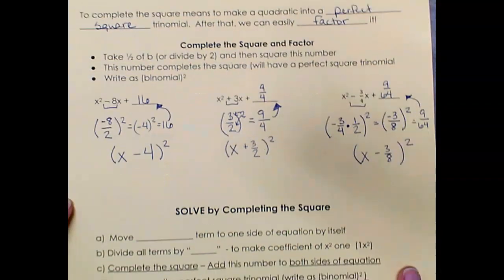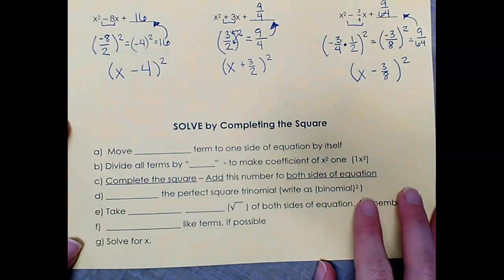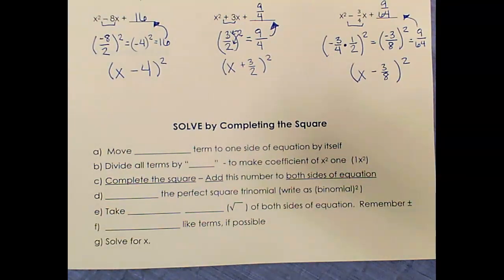So let's move on and talk about how you can solve by using this completing the square method. So when you're given a polynomial, maybe you're given ax squared plus bx plus something equals something. Maybe it's not exactly in standard form, or maybe it is, but you want to move the constant.